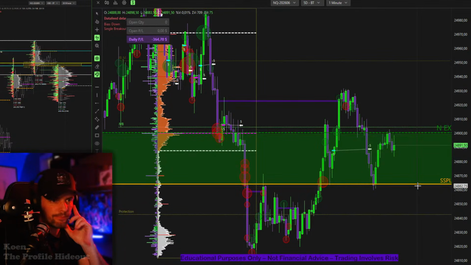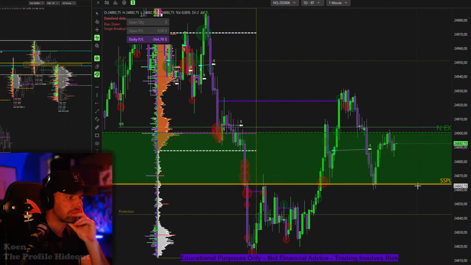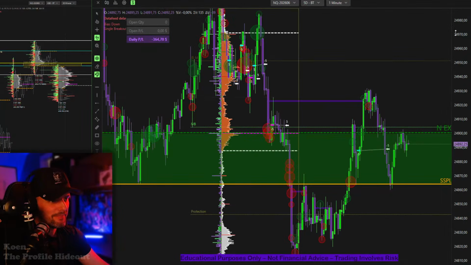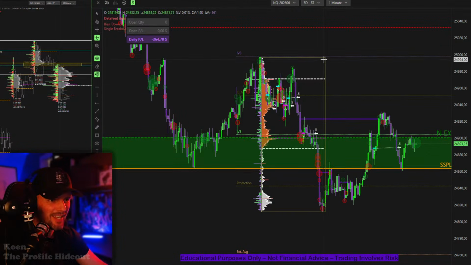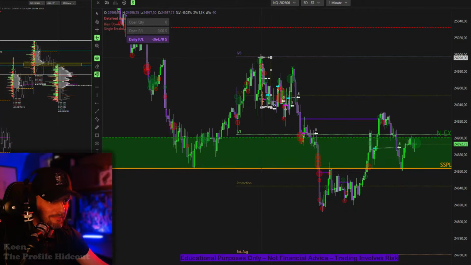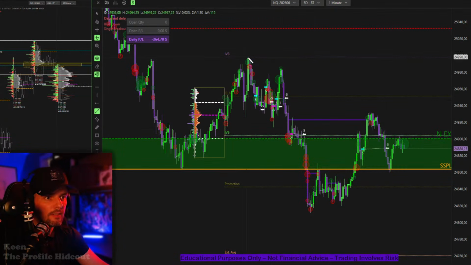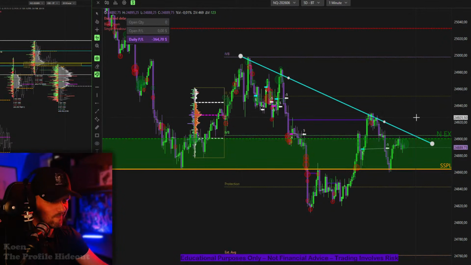Thinking what to do. Got a few ideas, but volume might just die out. It's really not that much expanding, to be honest. Got trade ideas both ways.